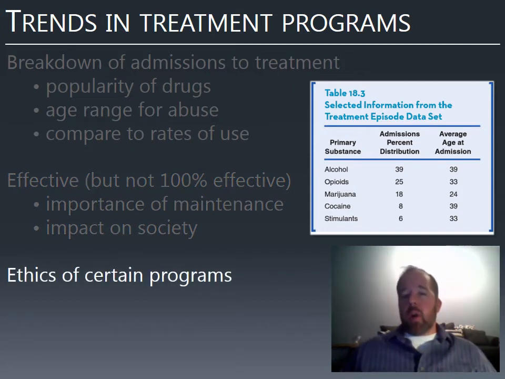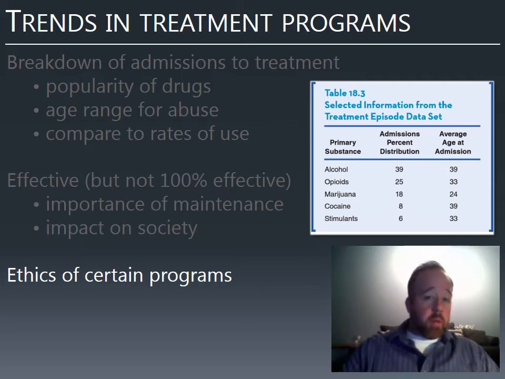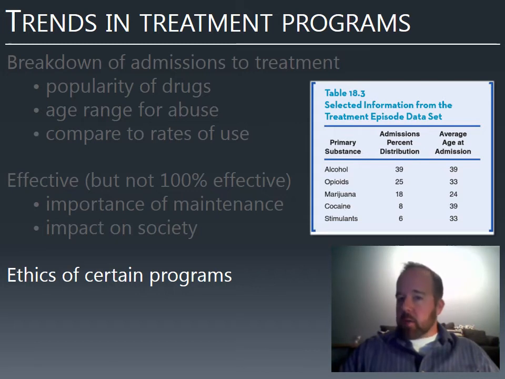And of course, certain programs have ethical ramifications. So we've already talked about Alcoholics Anonymous and whether government institutions can put individuals into programs that have religious content. We talked about methadone. So how ethical is it to swap out someone's addiction to heroin for constant use of methadone?